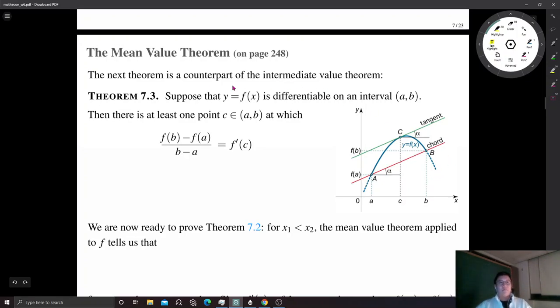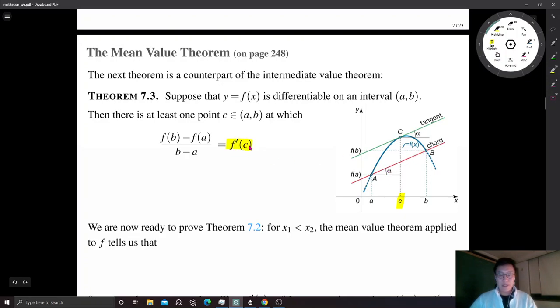And the mean value theorem tells us there is a point c between a and b where the slope of the tangent at that point is the same as the rate of change.